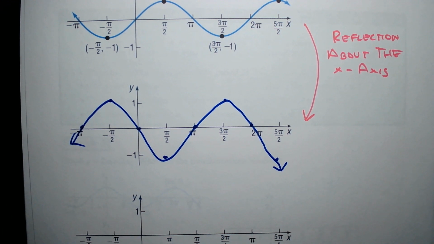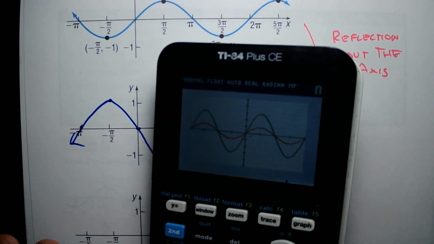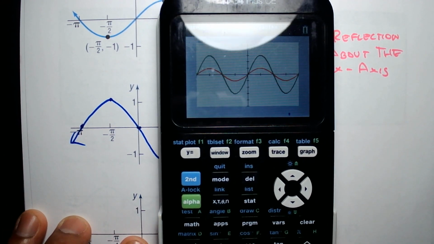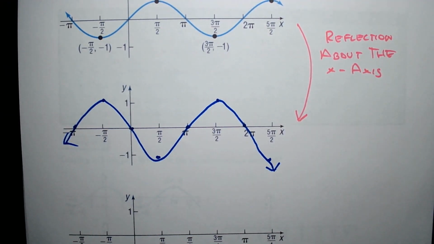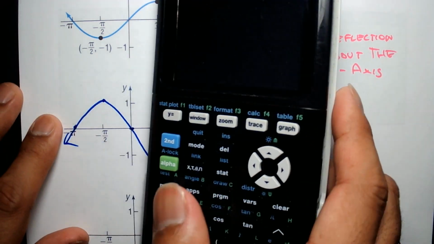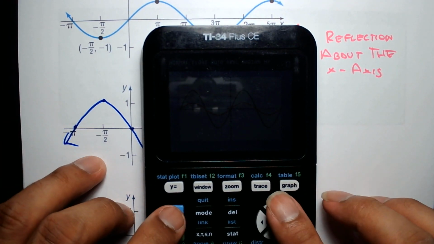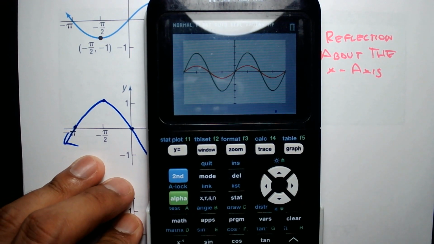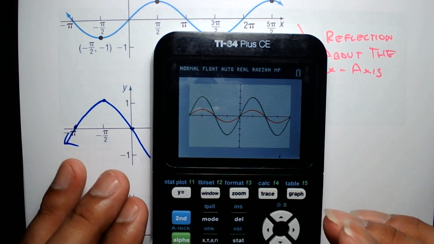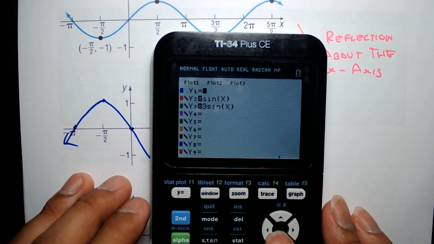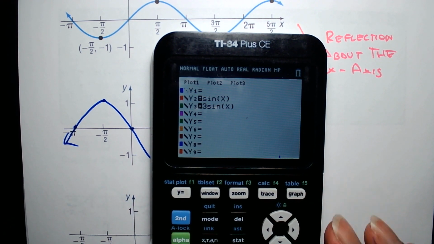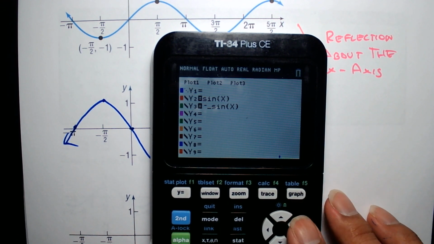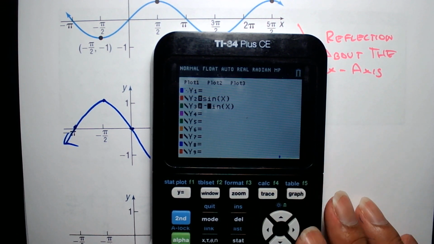Let me show you on the graphing calculator how this looks. Let me edit this: I'm going to insert a negative and delete the 3.